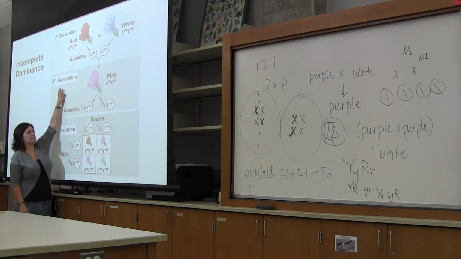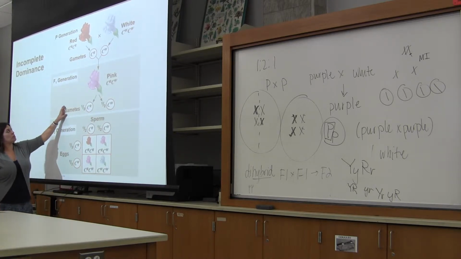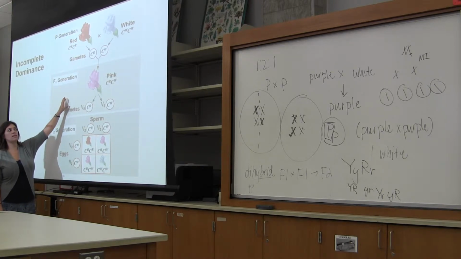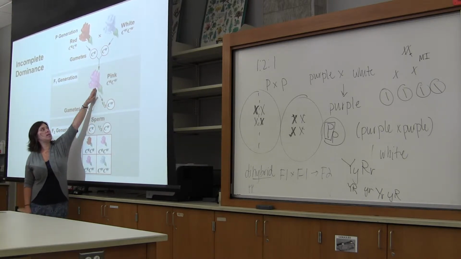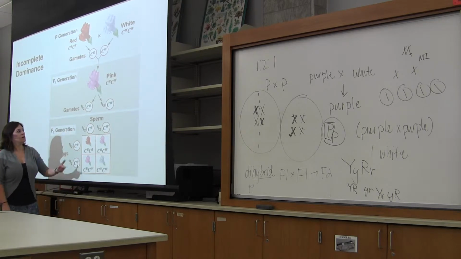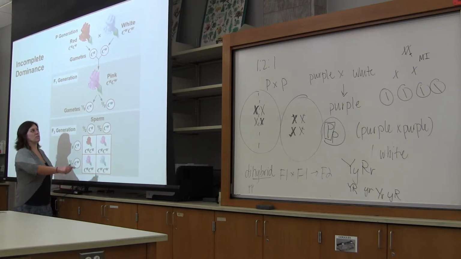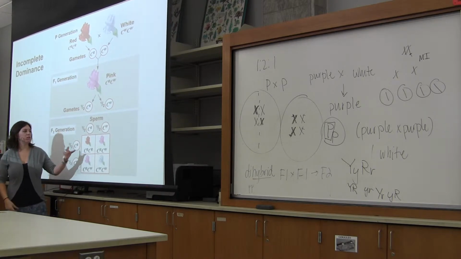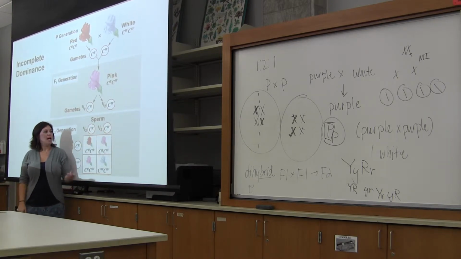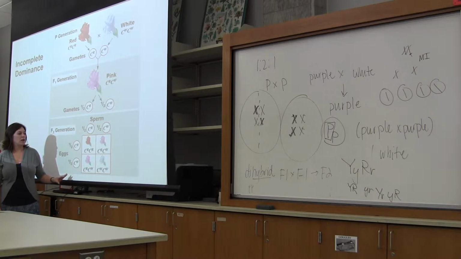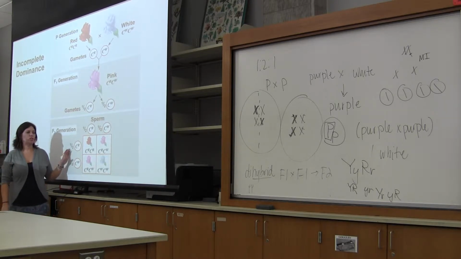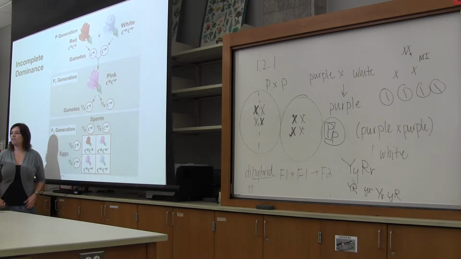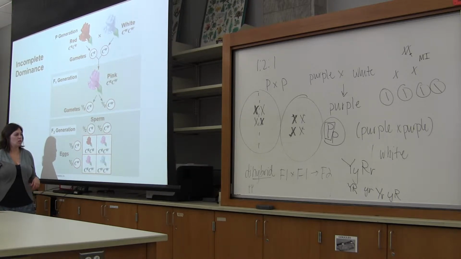And then when he did a monohybrid cross and crossed the F1s together, in other words, a pink to a pink, the possible combinations of alleles are either an R allele or a W allele at that particular gene. So when you look at the Punnett square in the F2 generation, you're actually going to see a different phenotypic ratio.